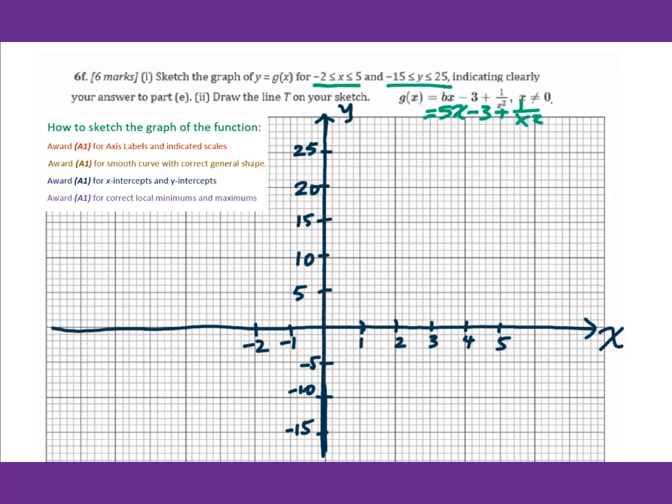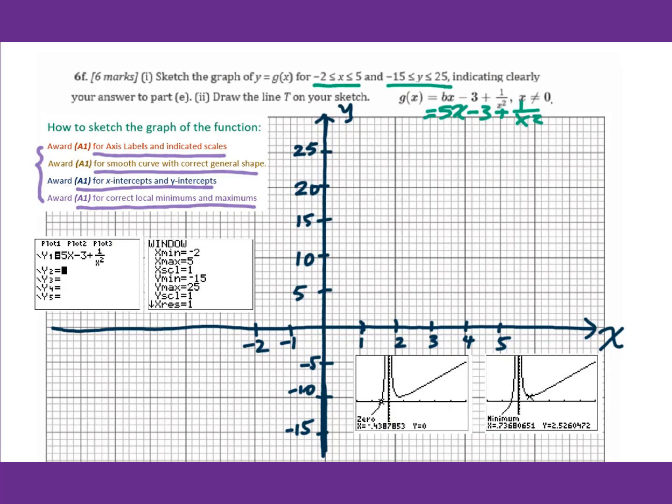First of all, you have to know how the 4 marks for sketching this function are awarded. 1 mark for axis labels and indicated asymptotes. 1 mark for a smooth curve with correct general shape. 1 mark for x-intercept and y-intercept. 1 mark for correct local minimum and maximum points.